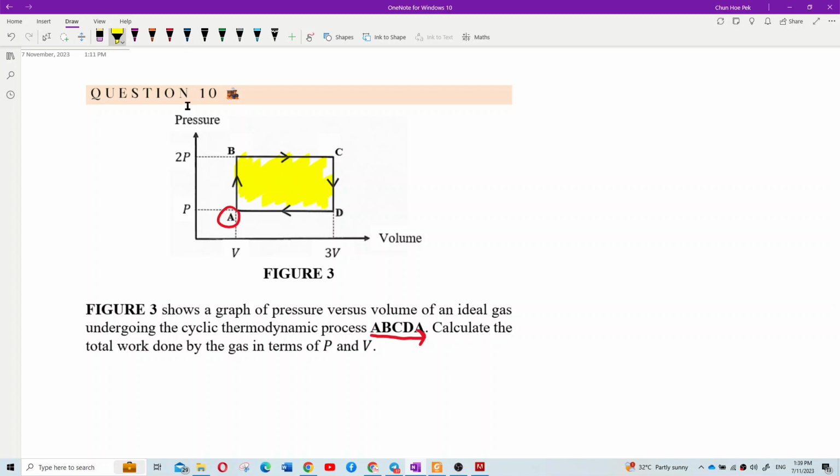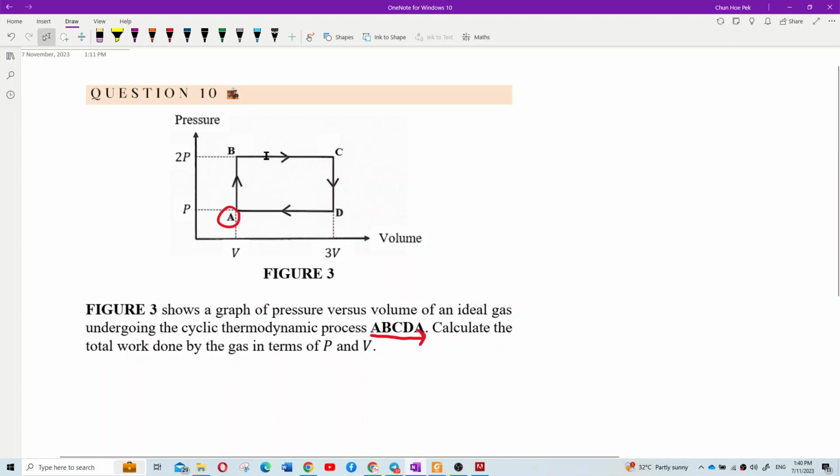Yang ini tak termasuk lah. Tak termasuk. Okay, look at here. Total work done in terms of P and V. That means answer in the terms P and V. No value. Just represent the answer in terms of P and V.